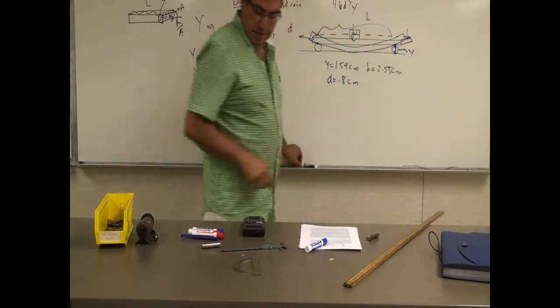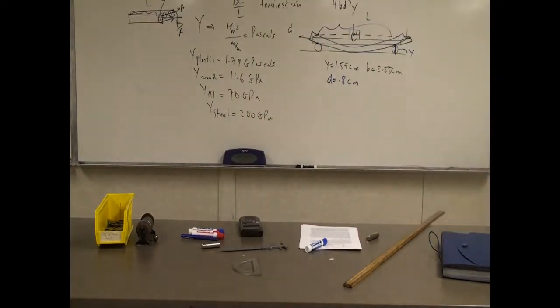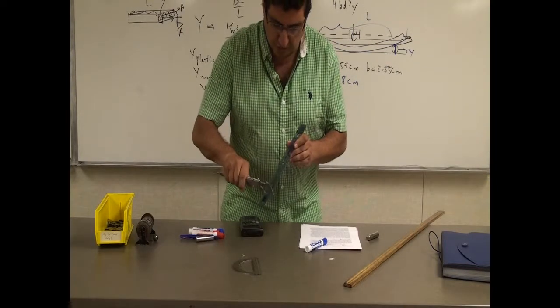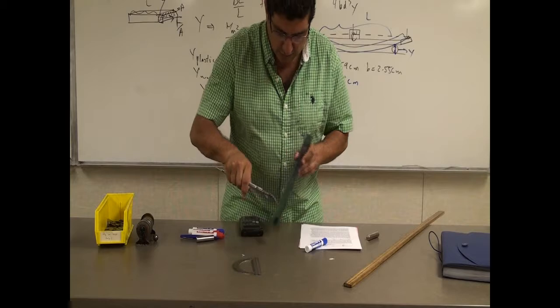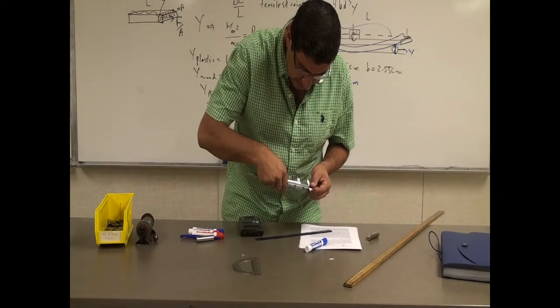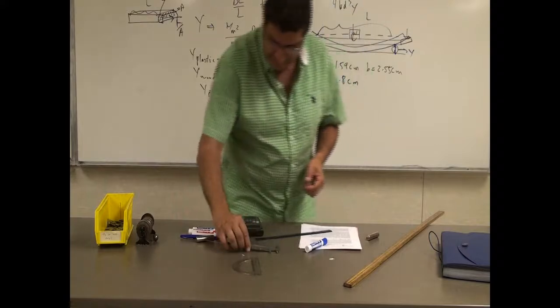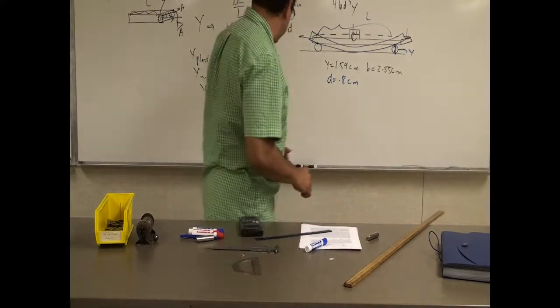While I'm at it, I'm also going to be doing the Young's modulus of the plastic ruler. That's going to be 2.99. 2.98. So the b of the plastic.